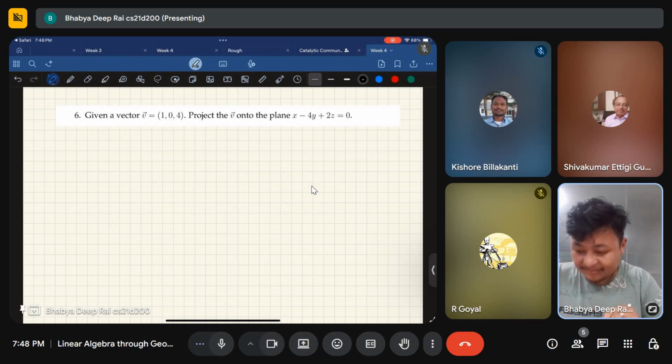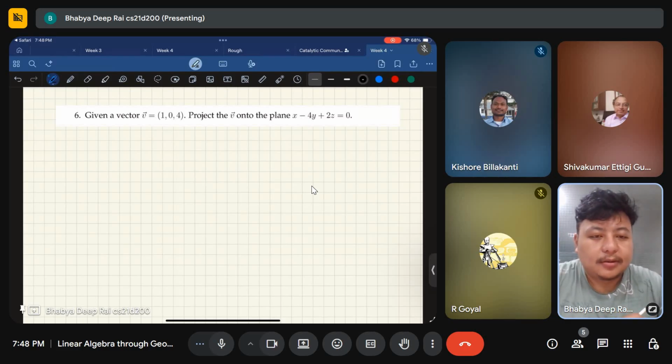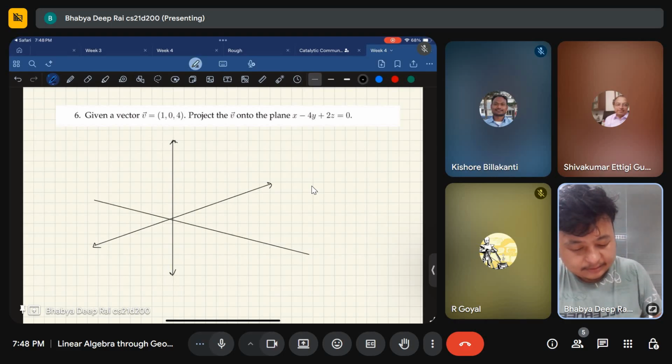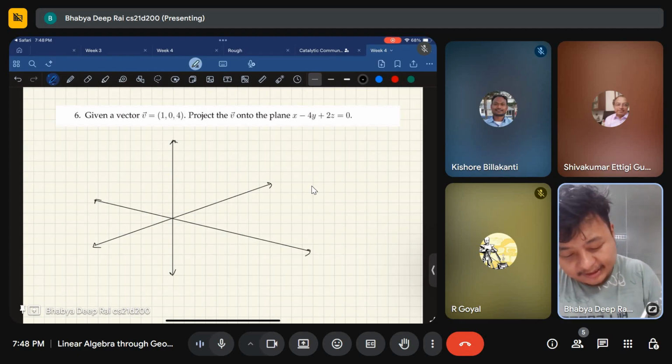Okay. Now, just one moment. So all you have is this axis. And you are saying you have this vector (1, 0, 4), and you have this plane x minus 4y plus 2z. Let's just, we don't need to make the vectors accurately. Let's say this is (1, 0, 4). This is v.